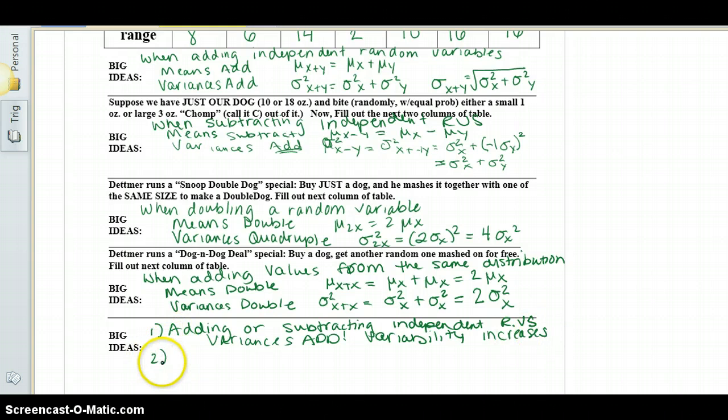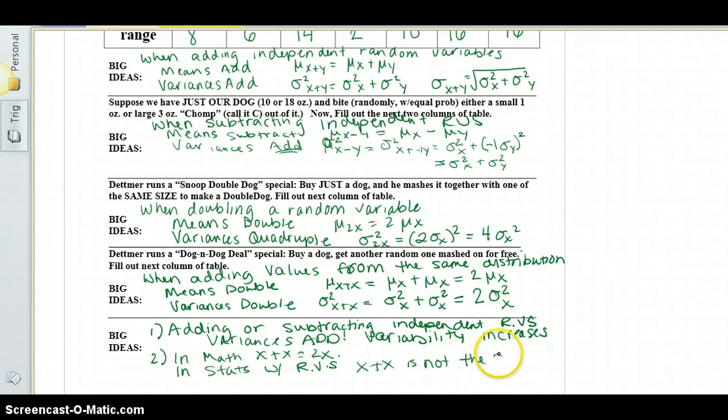The second thing you need to remember is that in math, x plus x equals 2x, or I guess in algebra. But in stats, with random variables, x plus x is not the same as doubling your random variable. Okay, so doubling a single random variable is not the same as adding 2 values of a random variable.